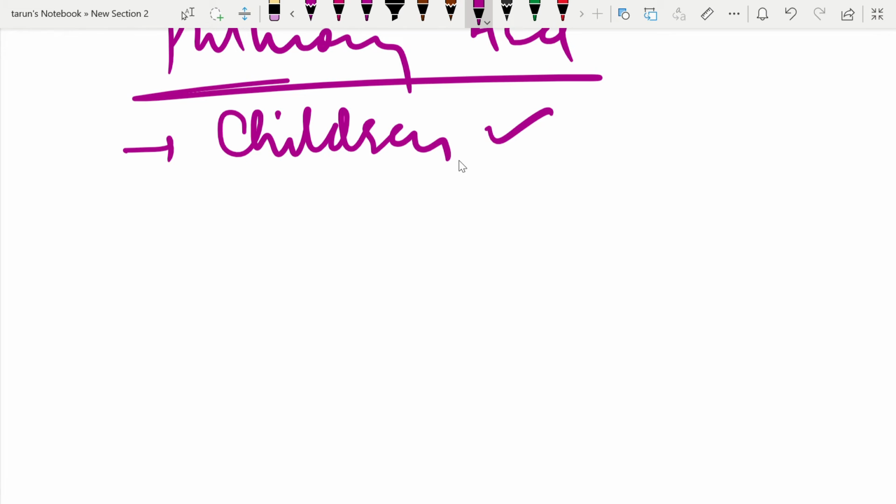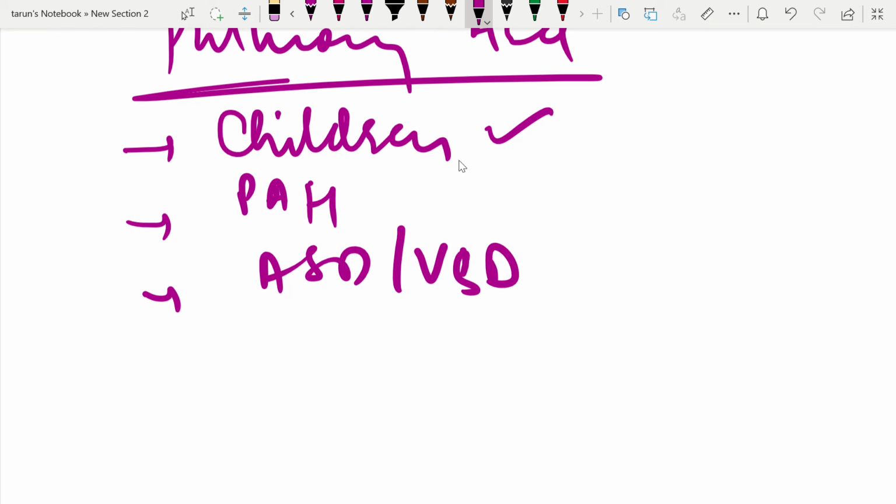Then you will say that in pulmonary artery hypertension, there are pulsations over the pulmonary area. Then atrial septal defect, ventricular septal defect, then PDA, patent ductus arteriosus. Then idiopathic dilatation of the pulmonary artery.